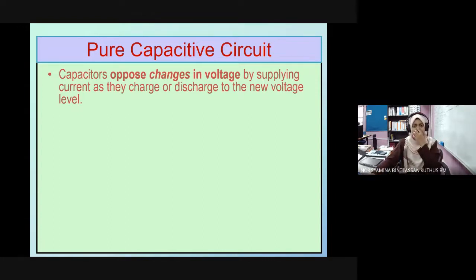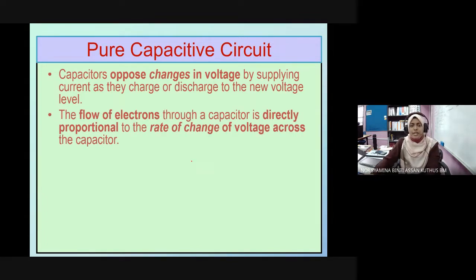Bila kita charge, apa yang menyebabkan dia boleh simpan that particular charge dalam that particular komponen itu adalah capacitor ini. The flow of electron through a capacitor is directly proportional to the rate of change of voltage. So lebih tinggi voltage, lagi banyak flow of electron.